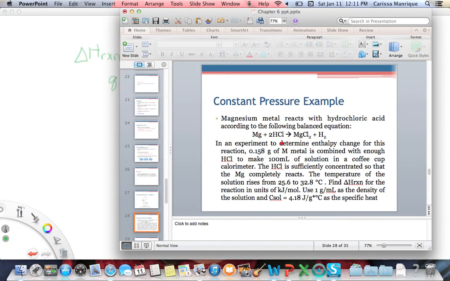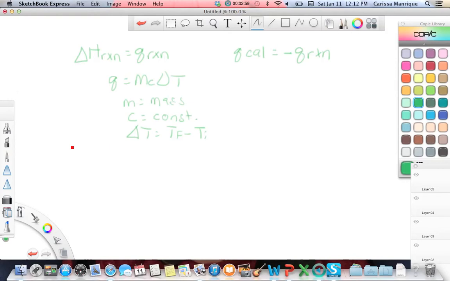In an experiment to determine the enthalpy change, so delta H, for this reaction, 0.158 grams of metal, or magnesium, is combined with enough hydrochloric acid to make a 100 milliliter solution in a coffee cup calorimeter. So let's put what we have here. We have our magnesium equals 0.158 grams, and we know our solution was 100 milliliters.